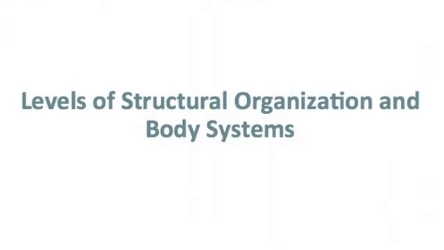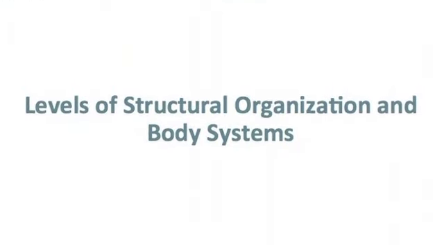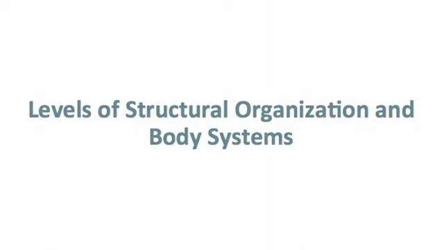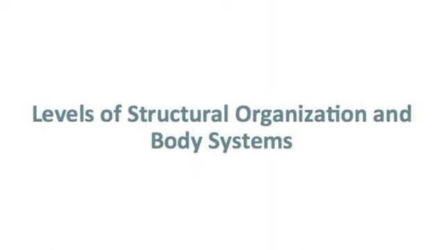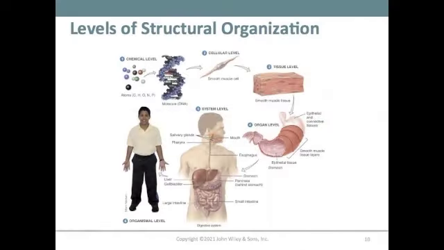So let's talk about the levels of structural organization and body systems. You've probably seen something similar to this in your lower level biology courses, but we can always break things down to the chemical level. Then you can see with those atoms, those elements, we can build molecules. And we see the DNA molecule there.